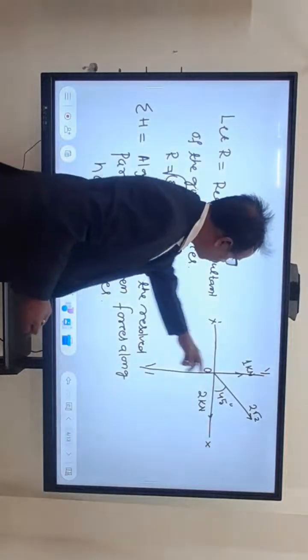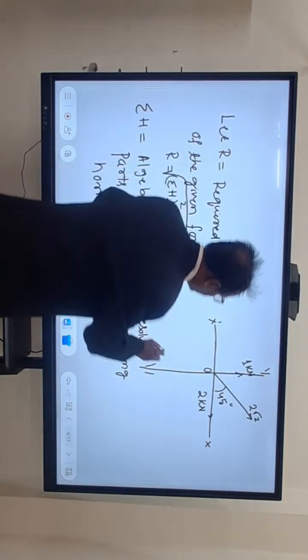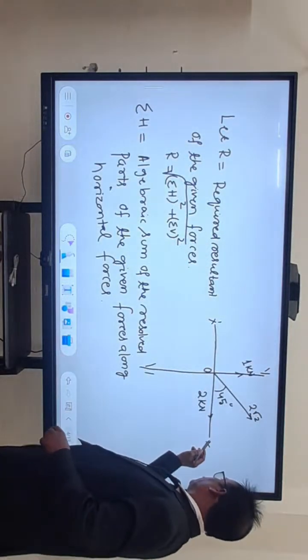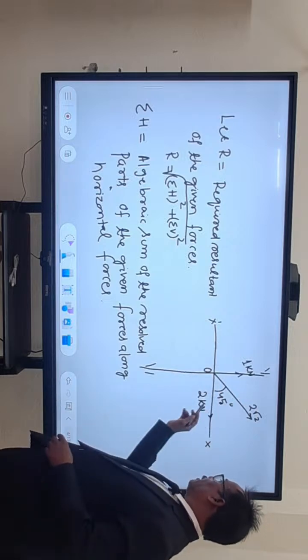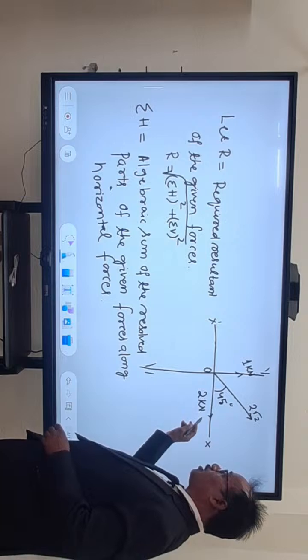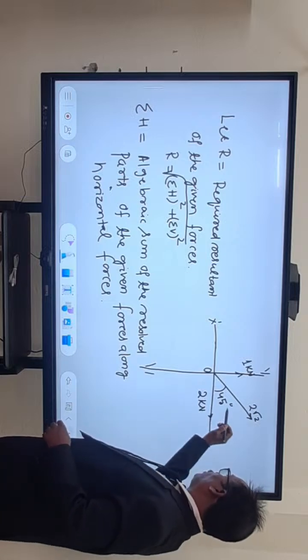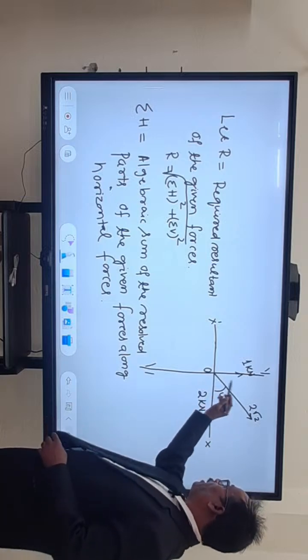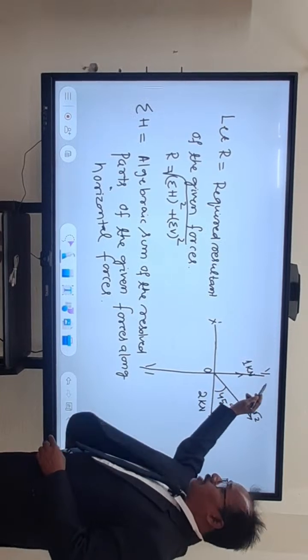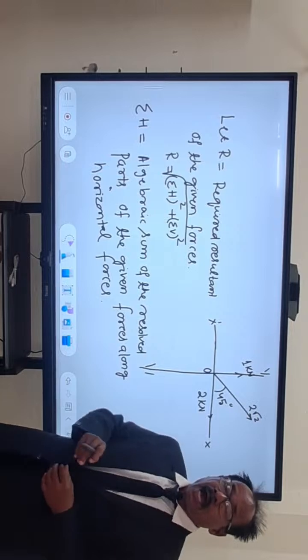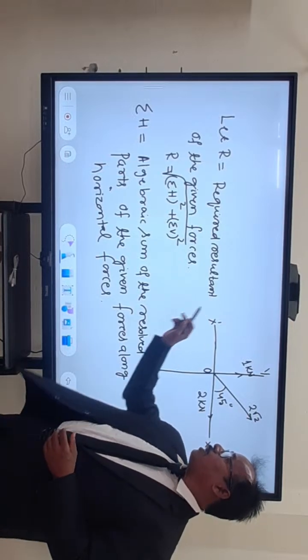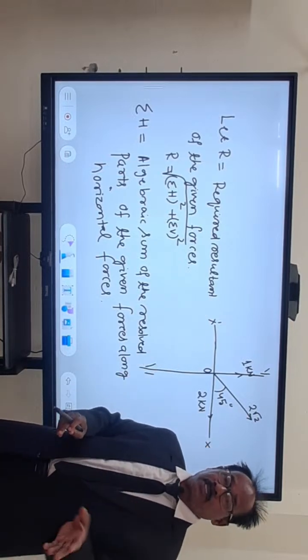This is the diagram, here is the x axis and y axis. This 2 kilonewton is the first force, this is 2√2 at the angle 45 degree, and 1 kilonewton is vertical. Here you know that R is equal to the required resultant of the given forces.